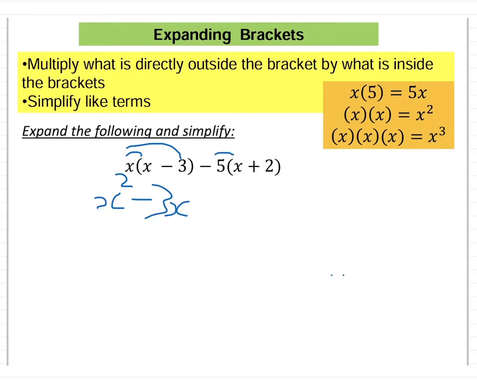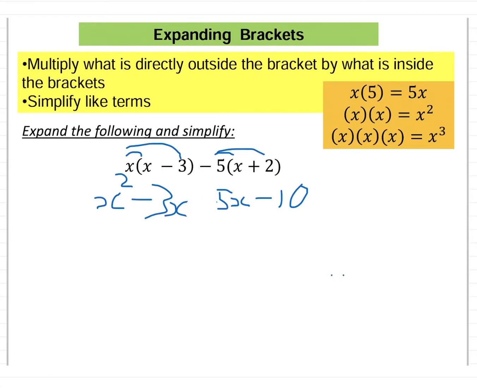Then minus 5 times x, that is minus 5x. Let's make that bigger. And then minus 5 times plus 2, that is minus 10. Let me just make that a bit neater in the middle there.